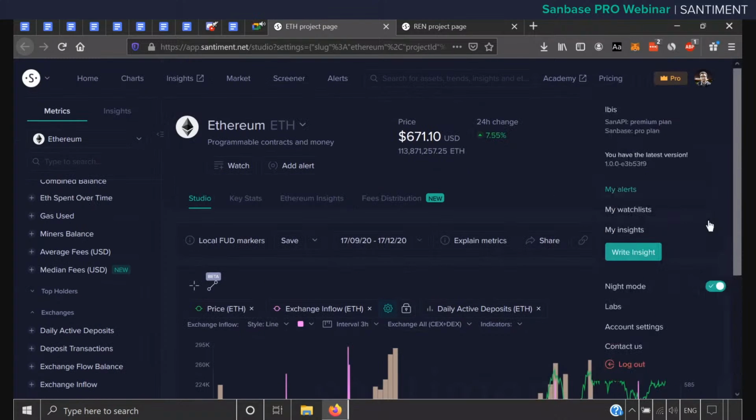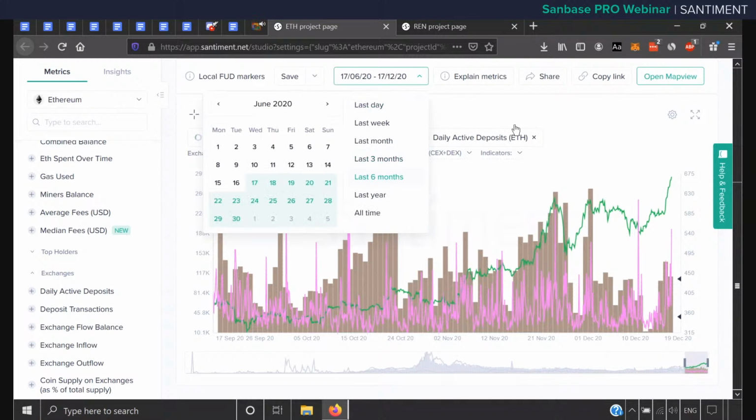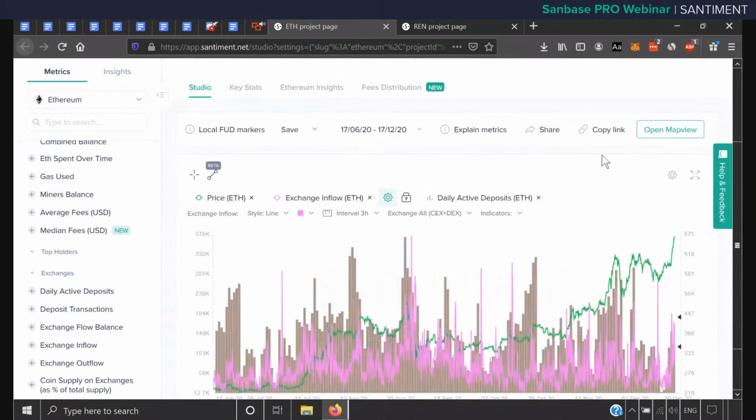And then we can see the same pattern. I can check this out in light mode so you can see it a bit clearer. So a big spike in daily deposits coinciding with the spike in exchange inflow, and then a similar thing on December 1st, a major spike in daily deposits coinciding with a spike in exchange inflow, right? During a price rally, it's obviously going to be more difficult for this sell-side pressure to be absorbed, because just think of yourself in this situation.